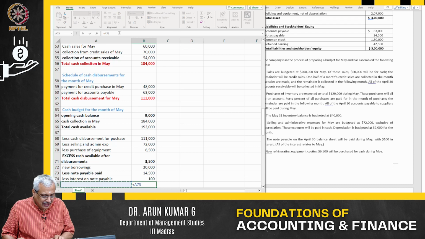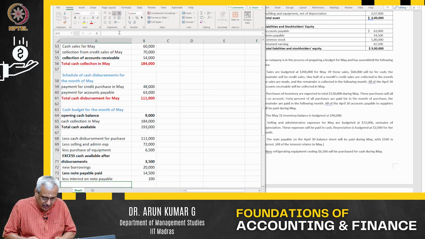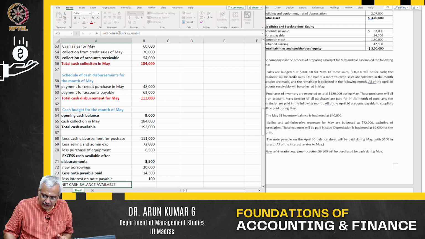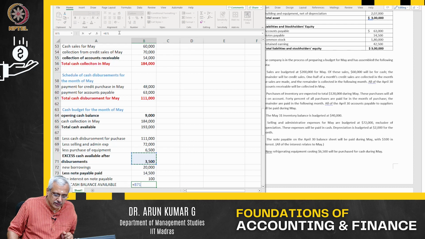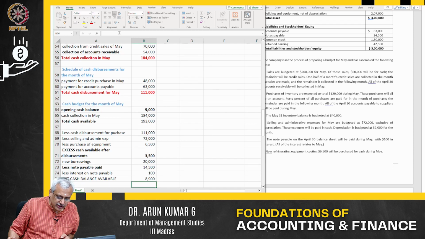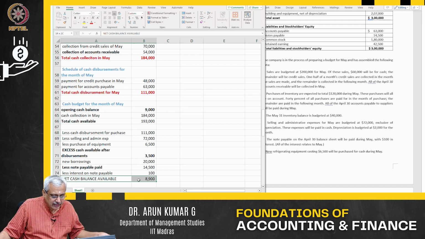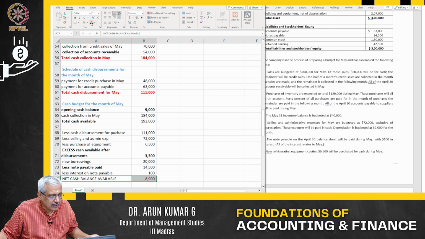So, what is the final net cash balance available? 3,500 is the excess cash I have. I borrow 20,000, I pay 14,500, I pay 100 interest. So, this is the net cash balance that is available to me at the end of the period.